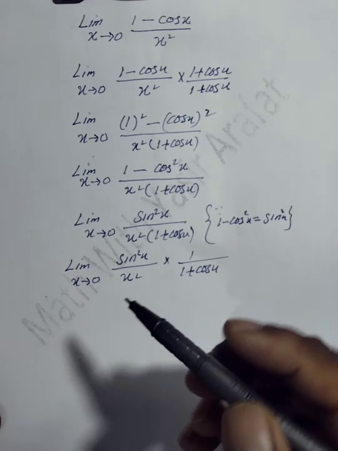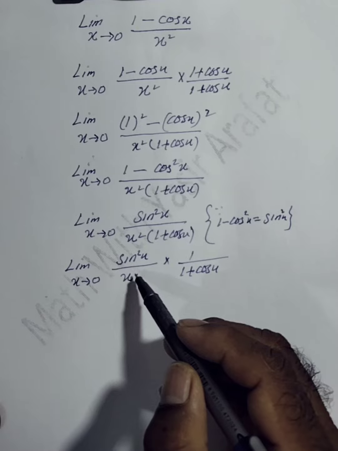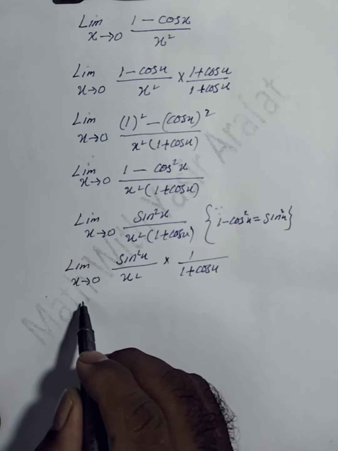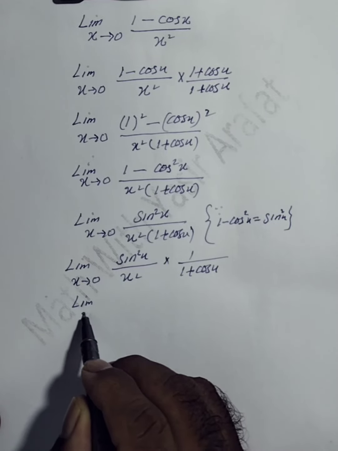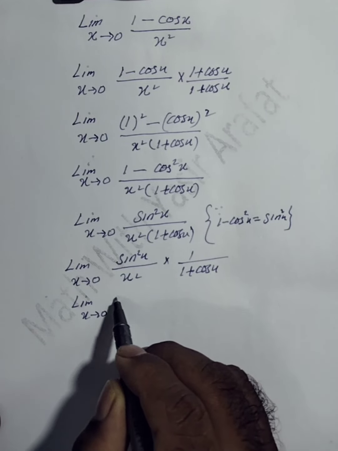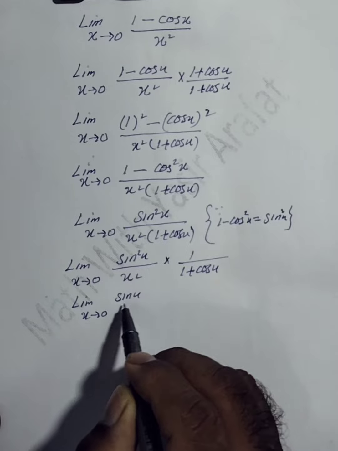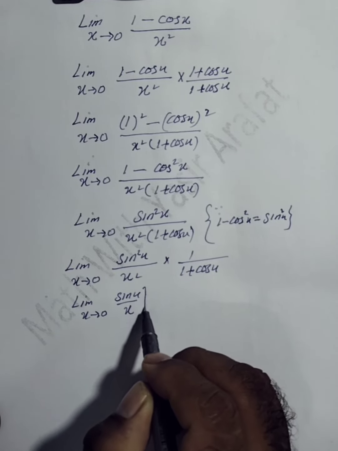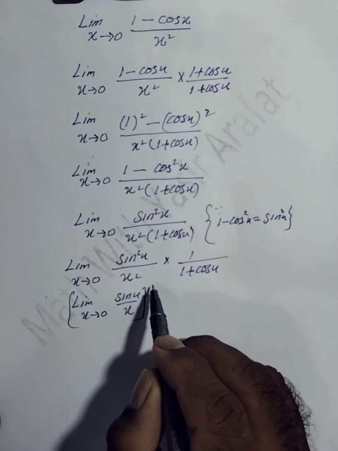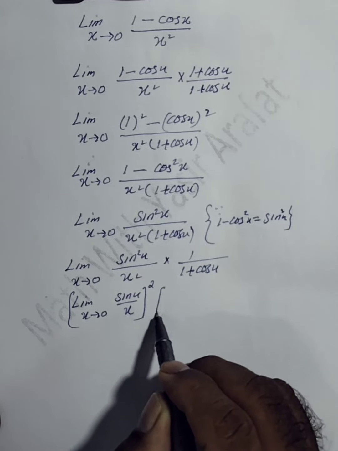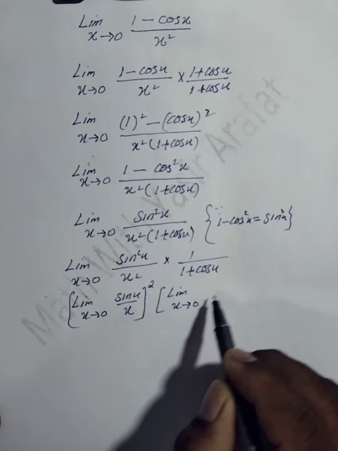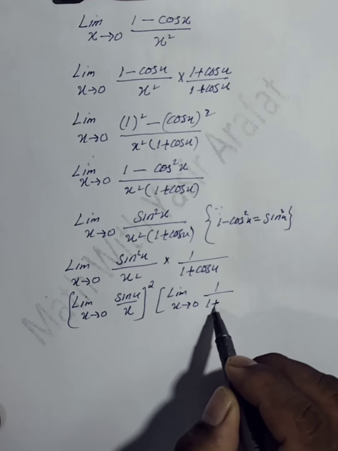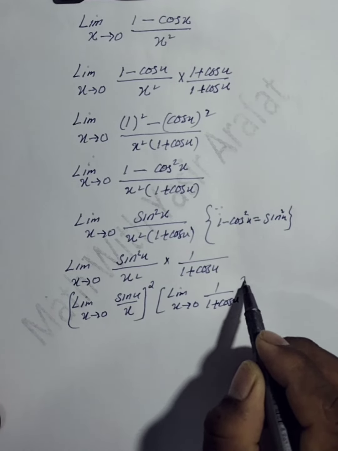We have to arrange this because sin x upon x, by the sandwich theorem, is equal to 1. So we can write limit x tends to 0 of (sin x over x) with the whole power of 2, and limit x tends to 0 of 1 over 1 plus cos x.